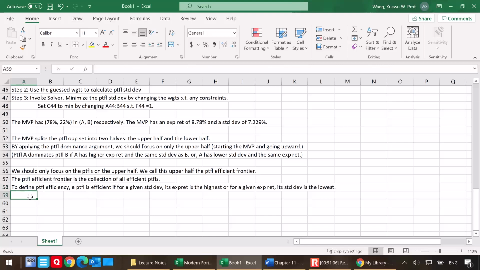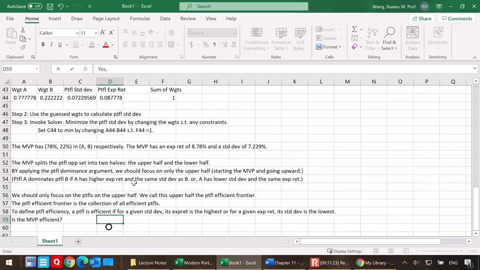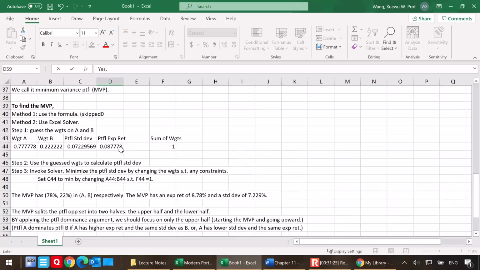Okay, so quick question. Is the minimum variance portfolio efficient? Well, the answer is yes. Why? Because out of all the portfolios that deliver 8.7778% expected return, the minimum variance portfolio has the lowest standard deviation.